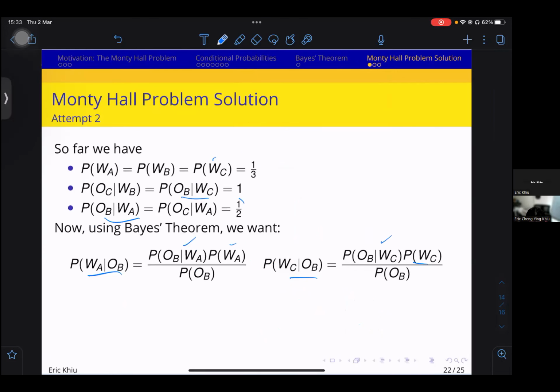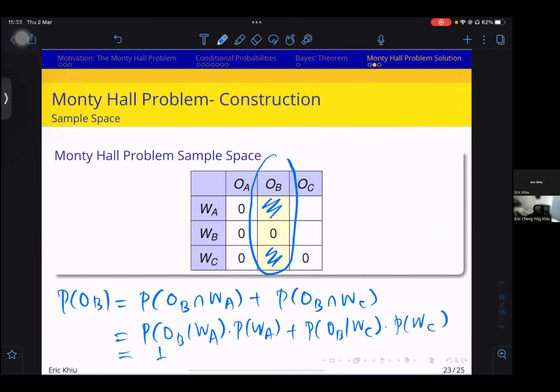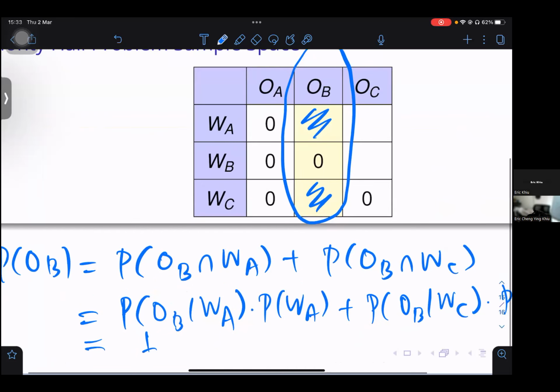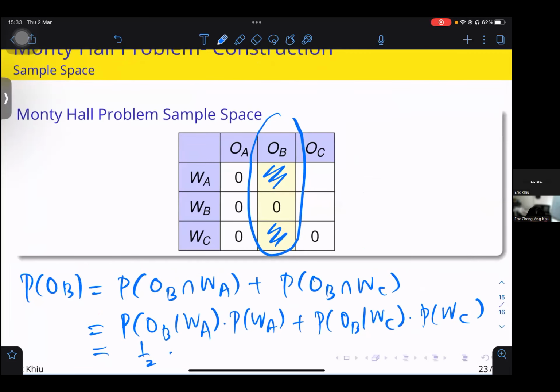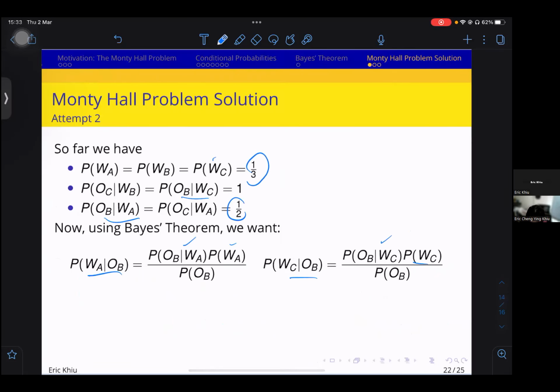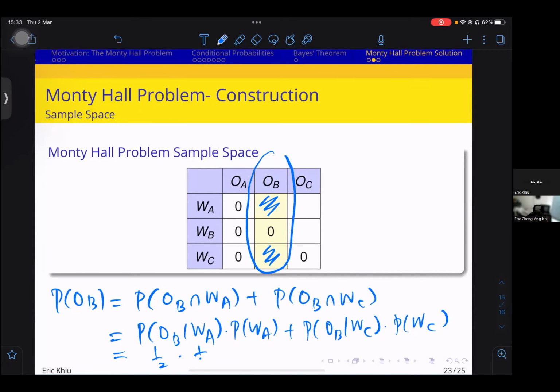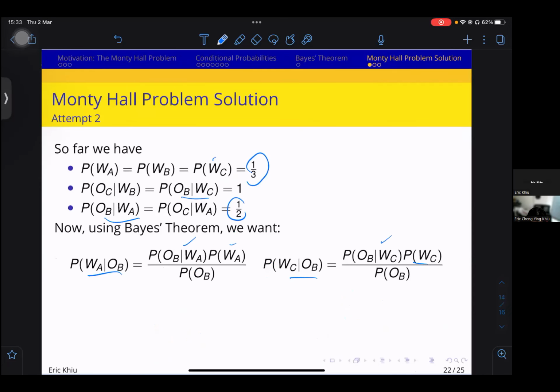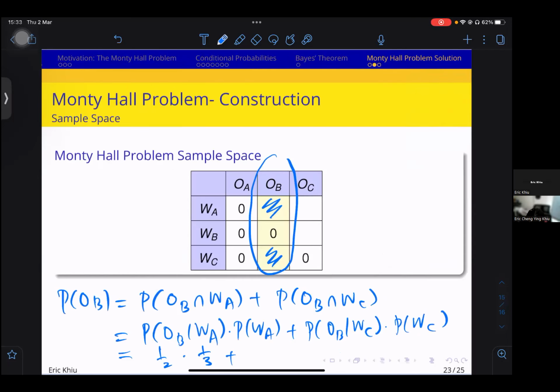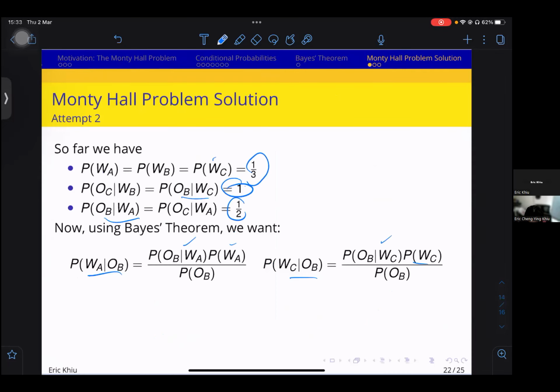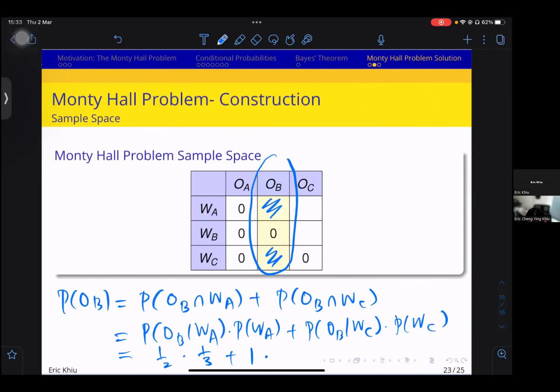OB given WA is 1/2. P of WA is 1/3, plus P of OB given WC. OB given WC is 1. P of WC is, again, 1/3. And I believe this is 1/2. So now we have P of OB.